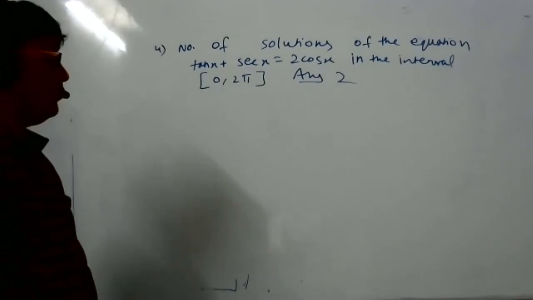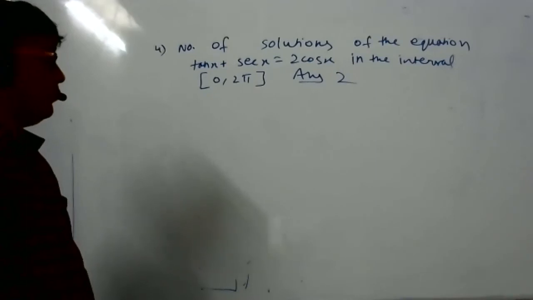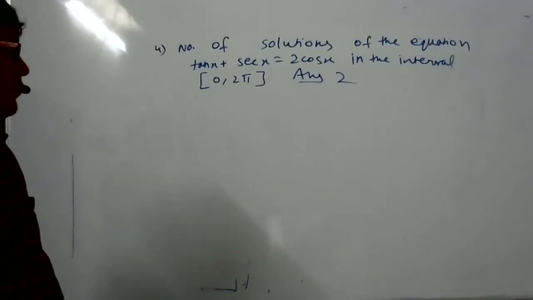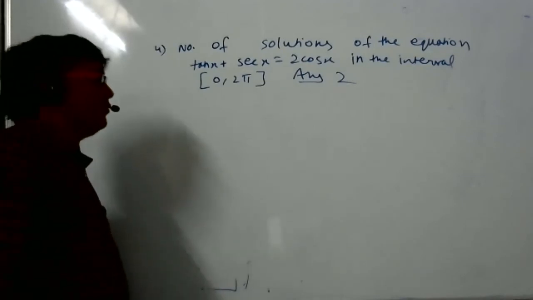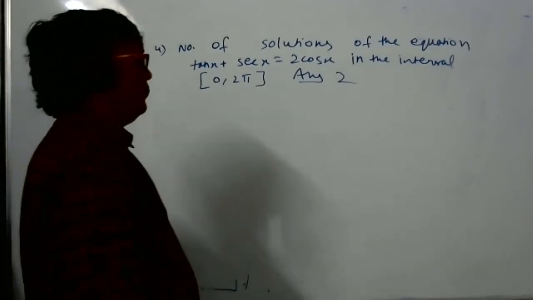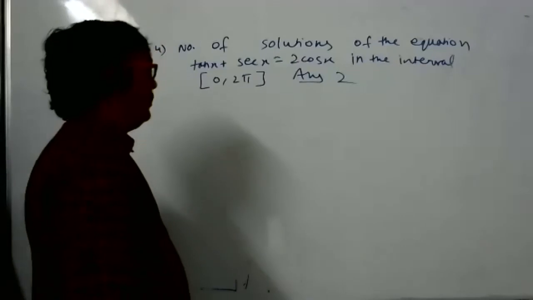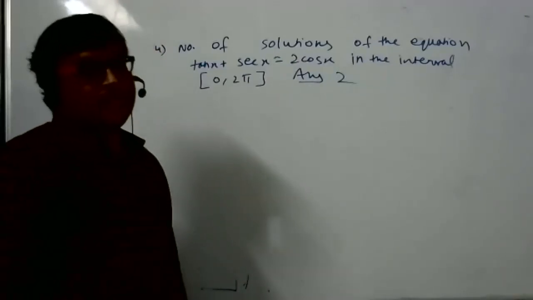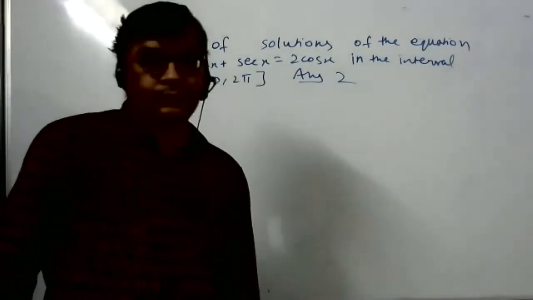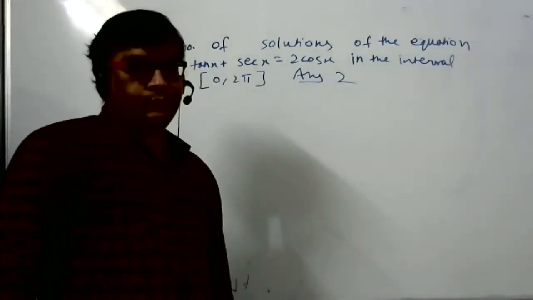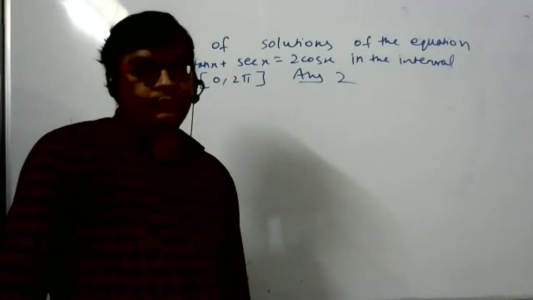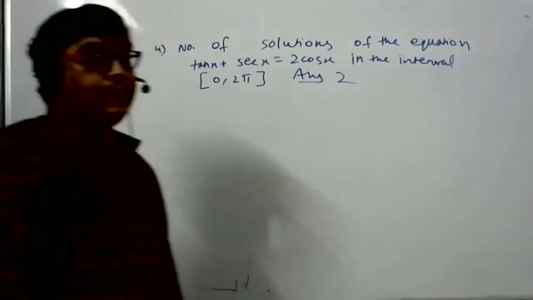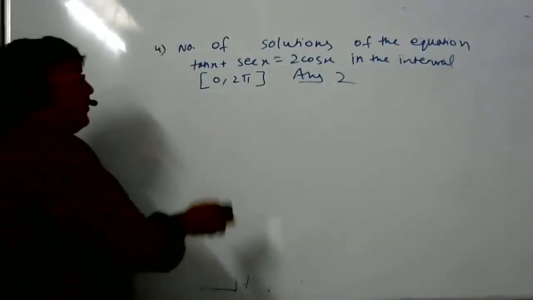So by fundamental theorem of algebra, the maximum degree will give the number of solutions. So the answer will be 2. Okay, that way we can do. But sometimes that answer is not feasible. Sir, that's a theorem, because all these values are real. That is also correct.